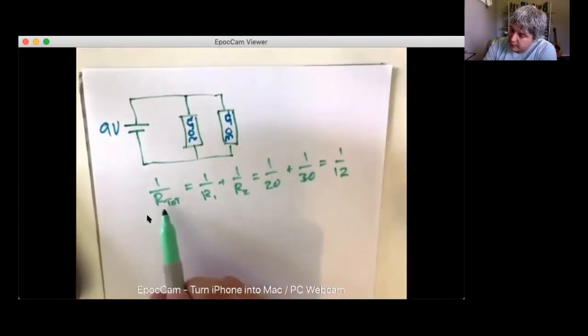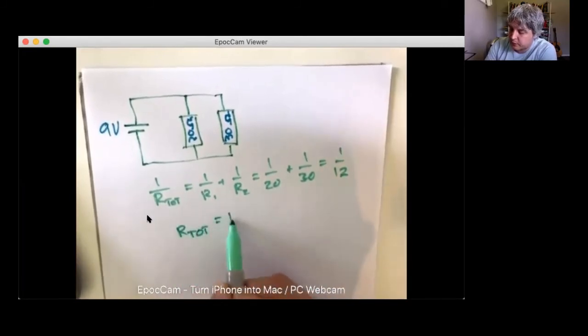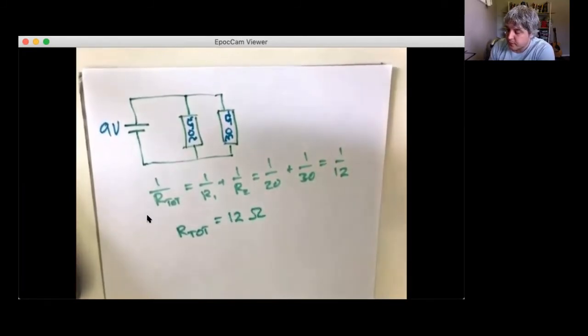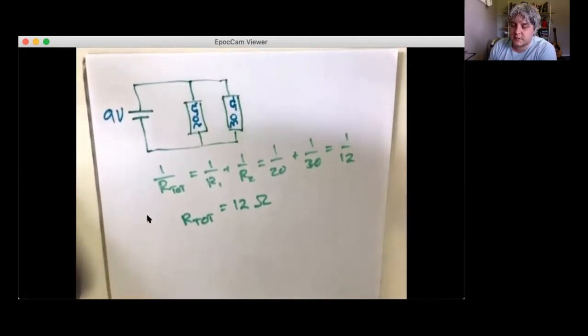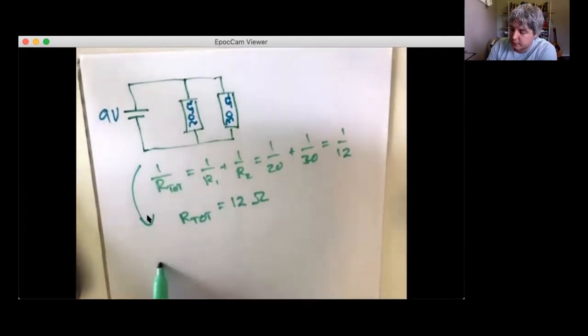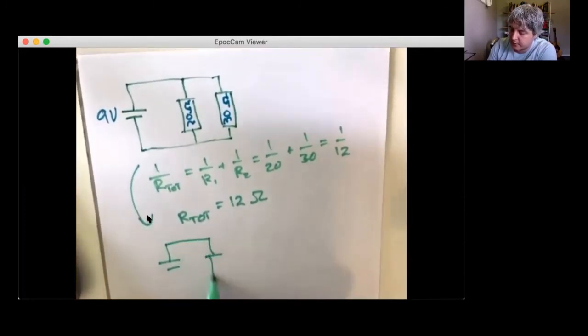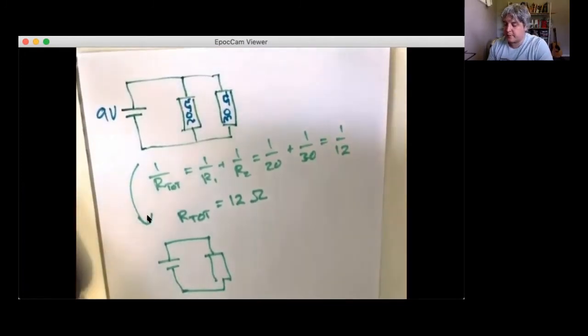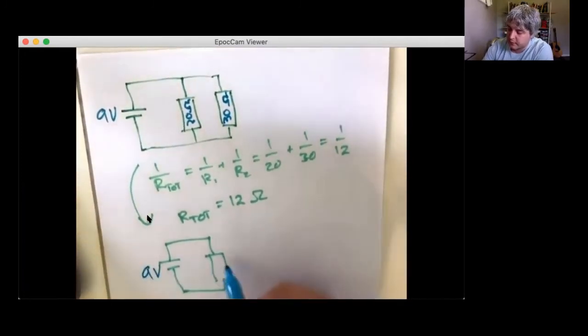So that means that 1 over R total is equal to 1 over 12, so R total must be equal to 12 ohms. There's our total circuit resistance, and that means that this circuit is equivalent to one where we have 9 volts and 12 ohms.